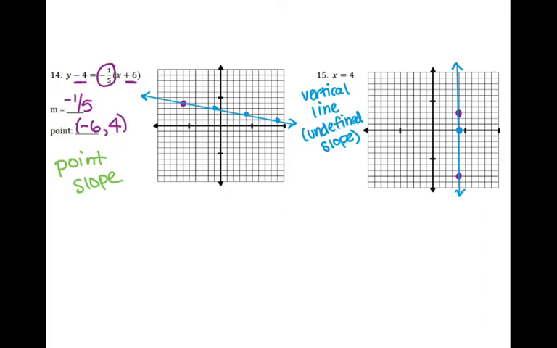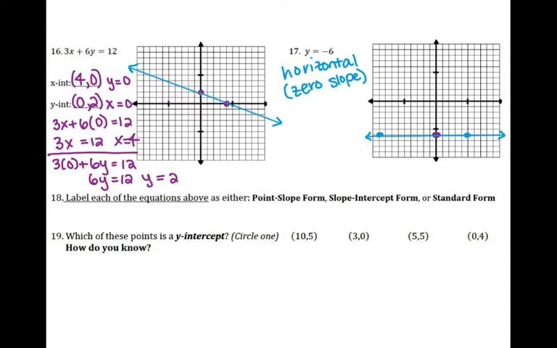When I just have x and a number, that's actually in standard form. So what it could look like in full standard form is x plus 0y equals 4. Number 16 was also in standard form. And 17, you actually have 2 options.